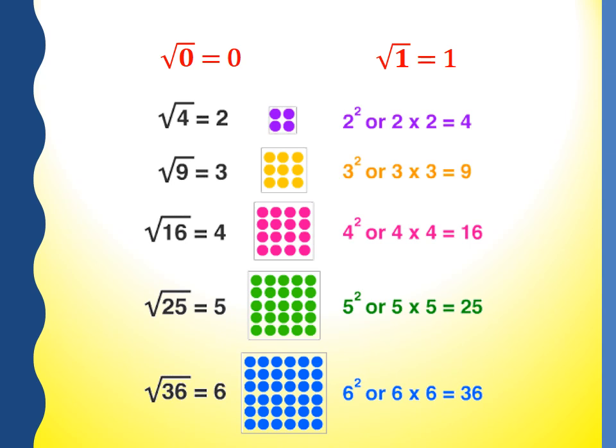Root 4 equals 2, because 2 times 2 equals 4. Root 9 equals 3, because 3 times 3 equals 9. And root 16 equals 4, because 4 times 4 equals 16. And root 25 equals 5, root 36 equals 6, and so on.